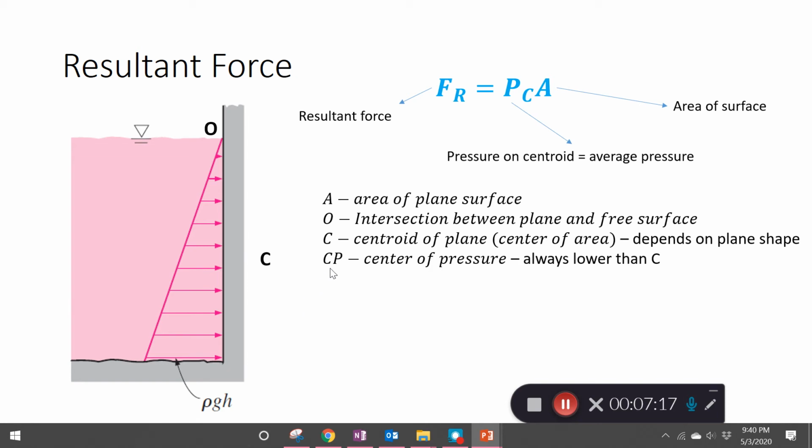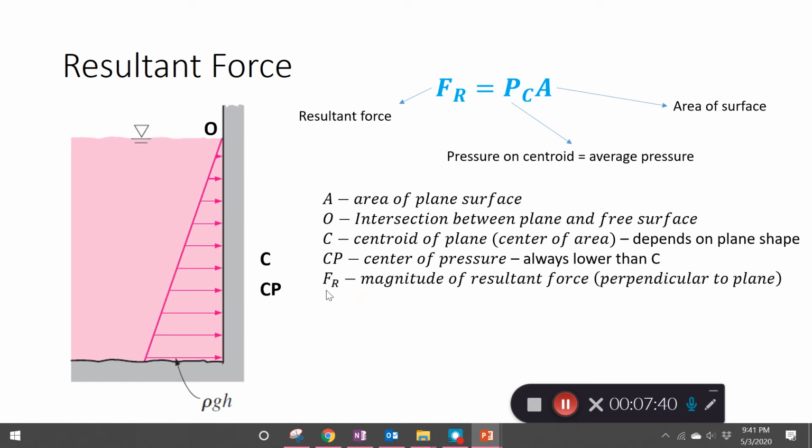Next, we have center of pressure, CP. Center of pressure is always lower than C. I'm going to put it somewhere here because it's always lower than C. I hope you are asking yourself, why is center of pressure here, and why is it not at the center?